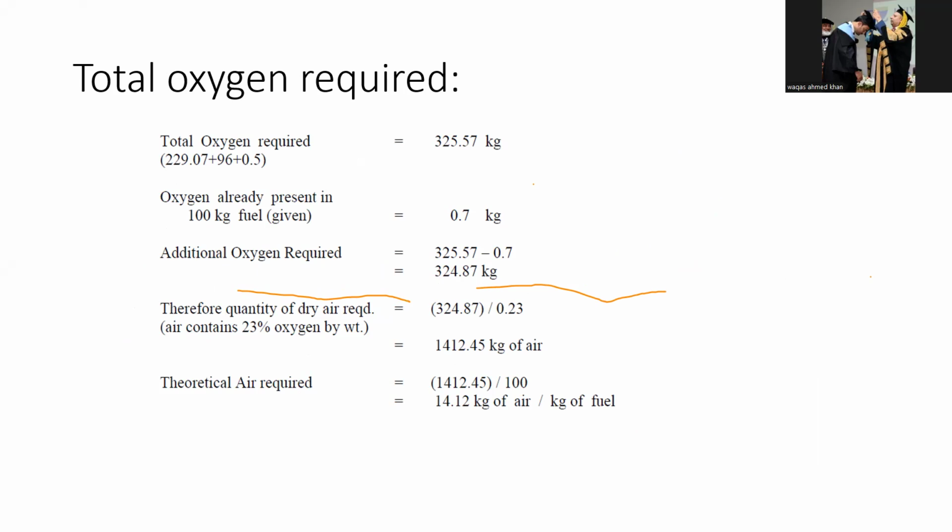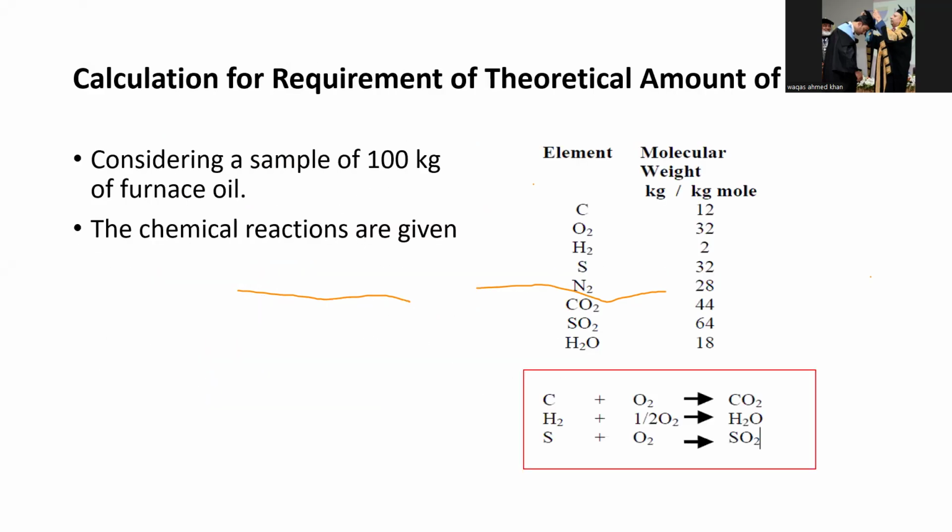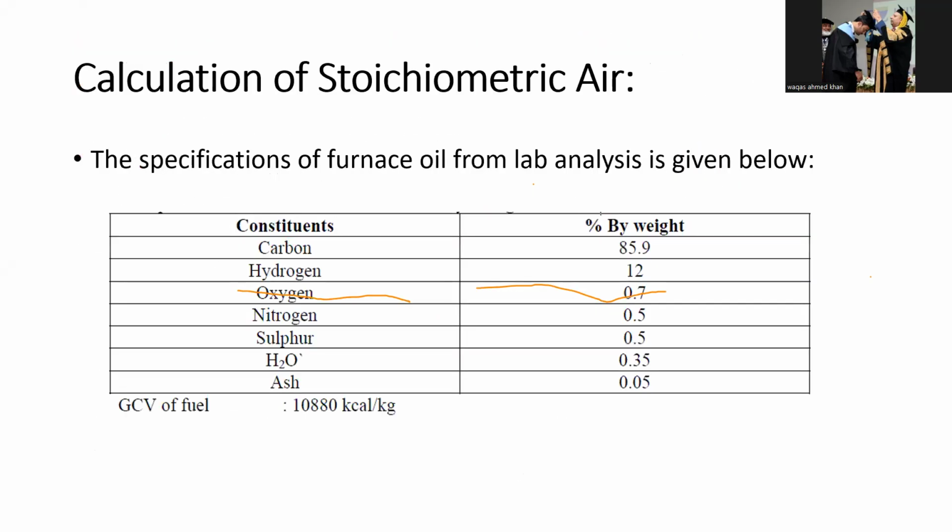Now, this is the amount of oxygen, but we don't have pure oxygen, we have dry air, which contains about 23% oxygen by mass. So we have to calculate the amount of air, not the oxygen. If you have clean oxygen and you want to use it for combustion, then you can take 324 for this fraction from the lab analysis.